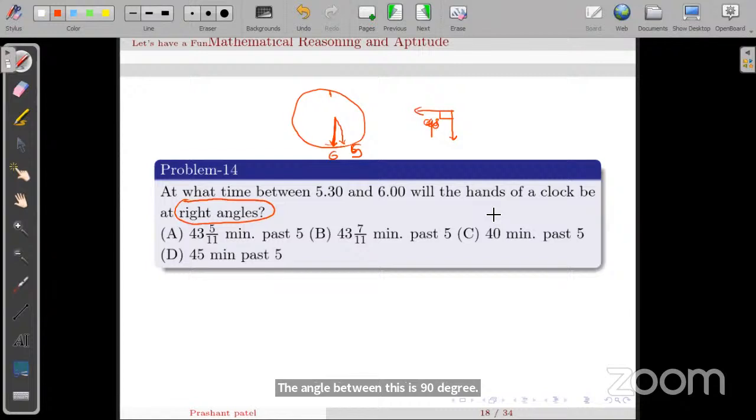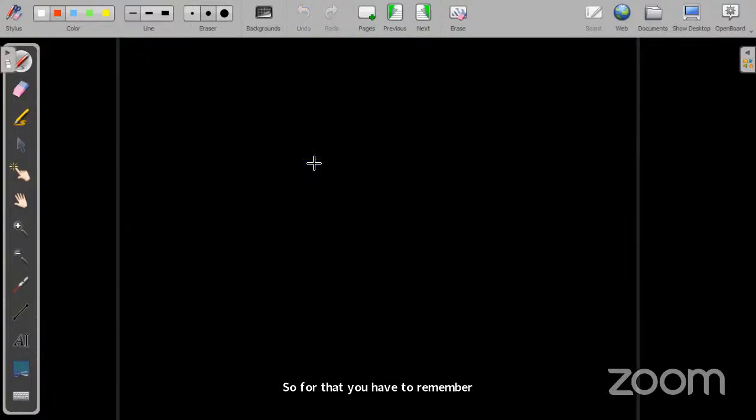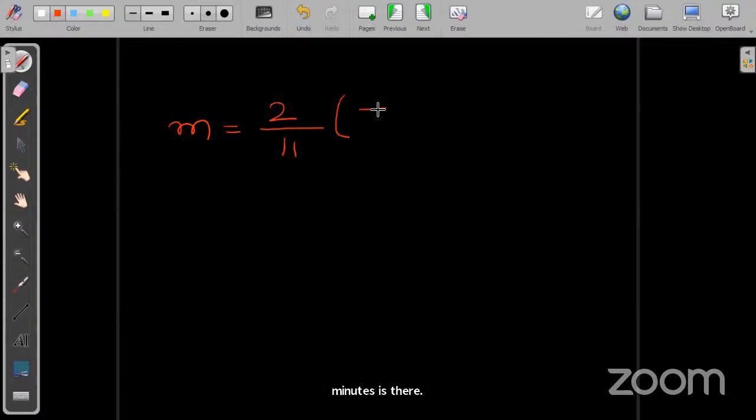Yesterday I solved this question and gave a short trick to attempt such questions. For that you have to remember this formula. If you want to find out how many minutes, m is equal to 2 by 11 times (t1 multiplied by 30 plus or minus theta).